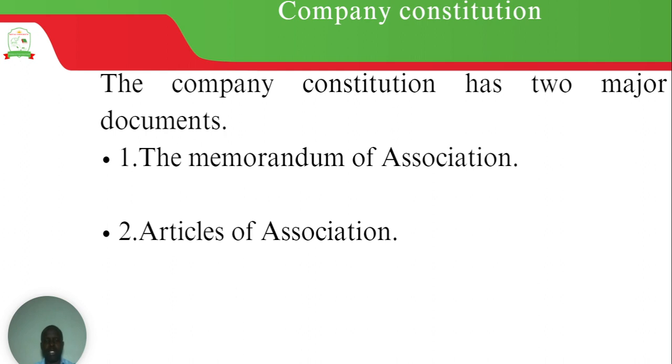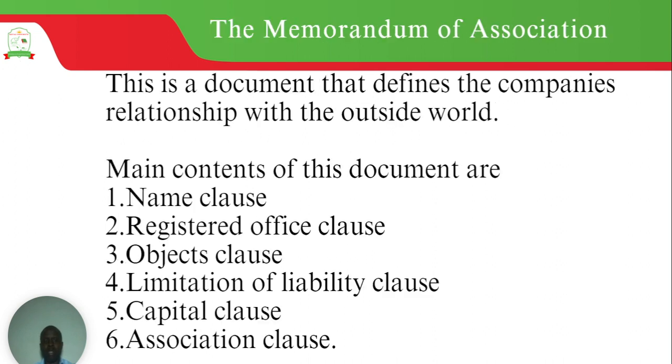So there are documents that we cannot do without as we undertake the process of registration. The major documents are what we call the Memorandum of Association and also the Articles of Association.